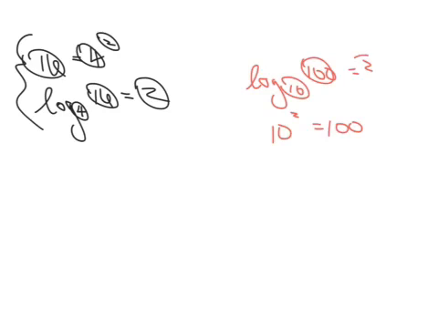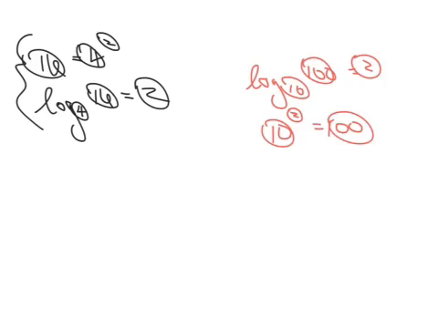We've got log base 10 of 100 equals 2. This is number 13. They want you to change that to exponential form. So 10 squared equals 100. Again, 3 parts, and you just move the numbers around so that they're in the right place. That's all you have to do with those.